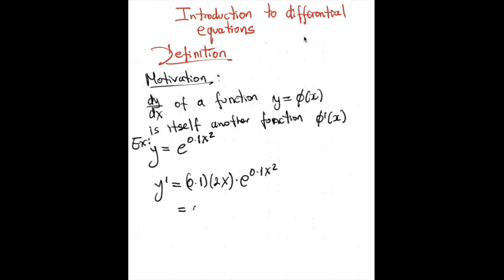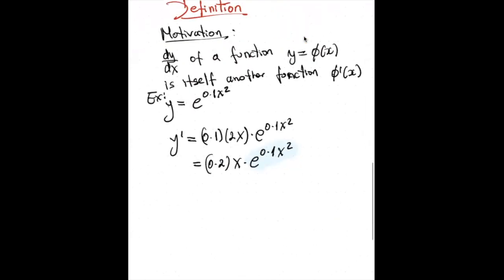Simplifying this, we have 2 times x times e to the power of x squared, and then we replace this term in this function.